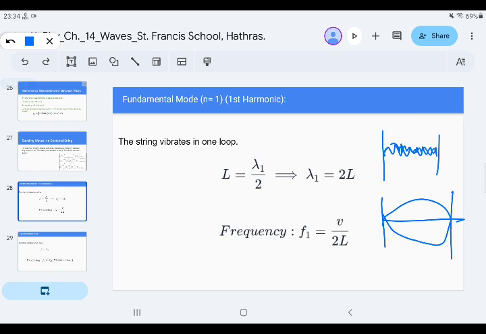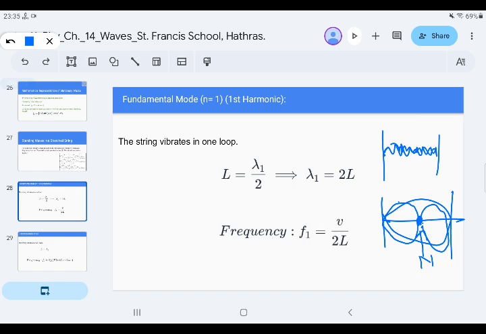This is called a fundamental harmonic. And let us suppose some person tries to touch this point lightly, then again a node will be formed here. So these particles will adjust: a node is formed here, so in between they form antinodes. There will be two loops. This is called the second harmonic.